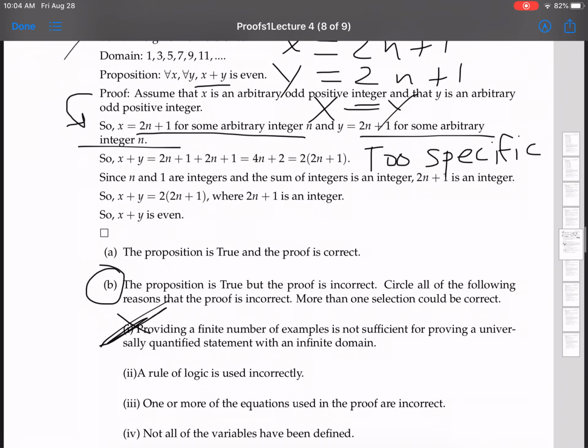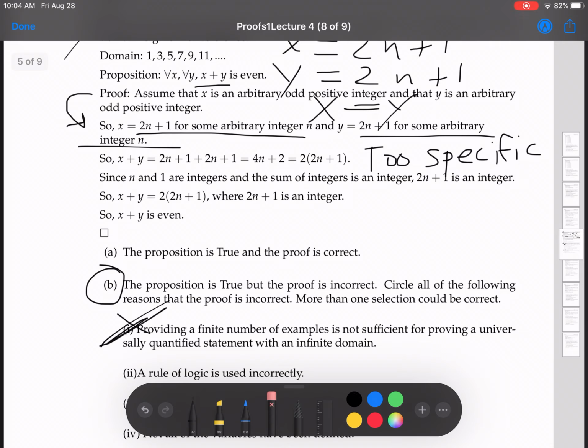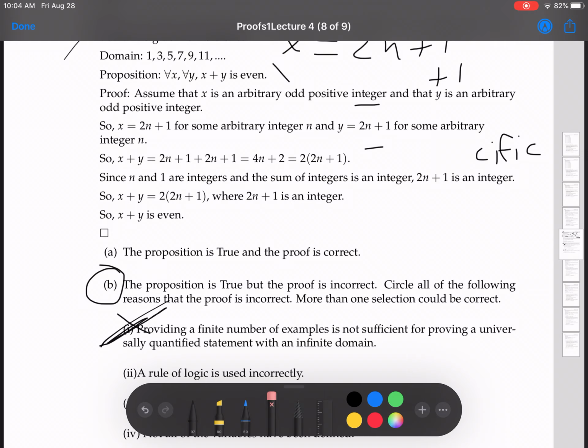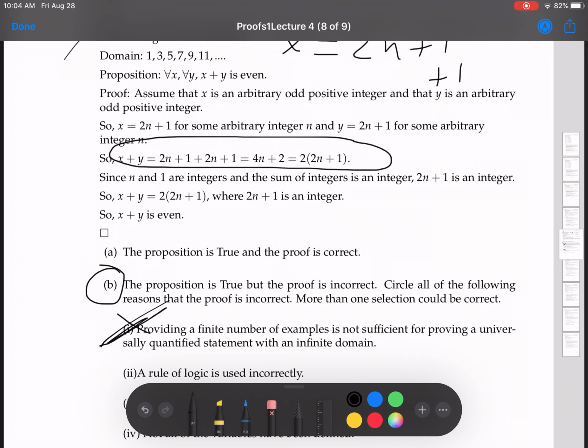Okay, so the equation used in the proof, this equation right here, it's true that 2n plus 1 plus 2n plus 1 is 4n plus 2, which is equal to 2 times 2n plus 1. That's absolutely correct.